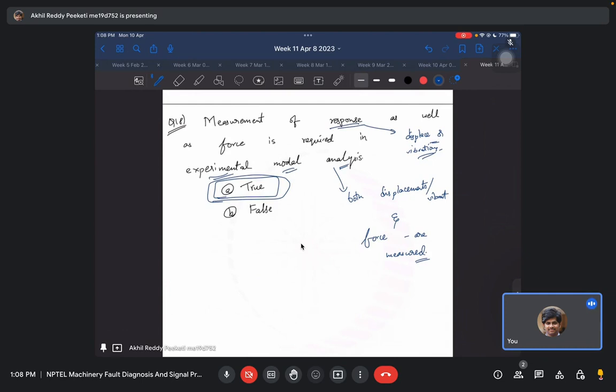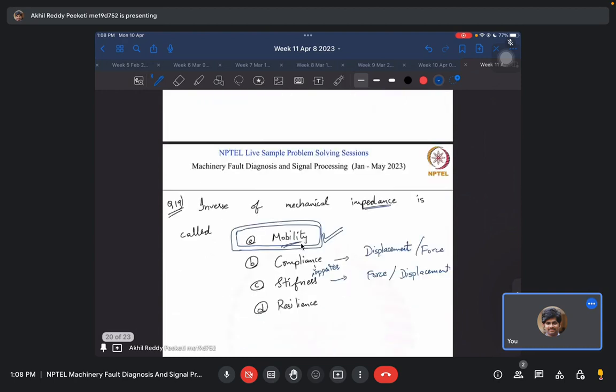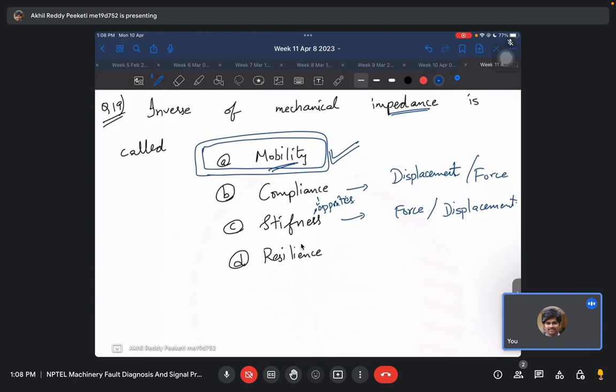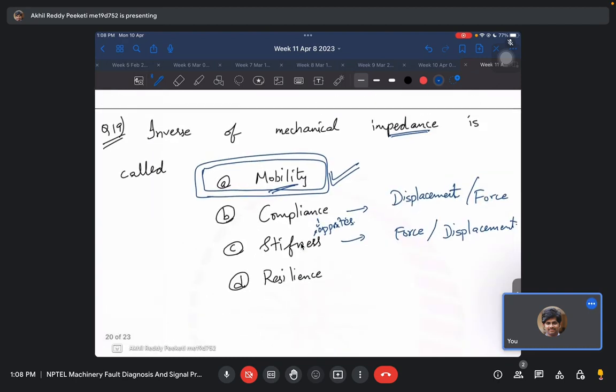Both are measured. And mechanical impedance, the inverse is mobility, and compliance means displacement by force, and stiffness is force by displacement. So compliance and stiffness are inverse to each other, and for impedance, mobility is the inverse.